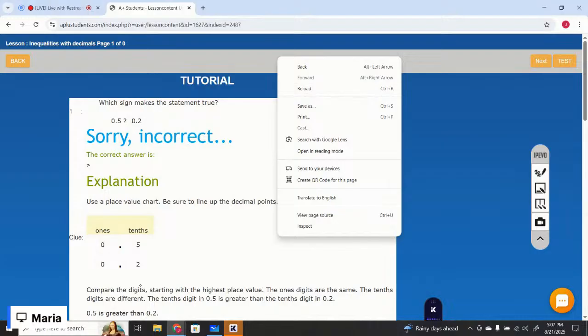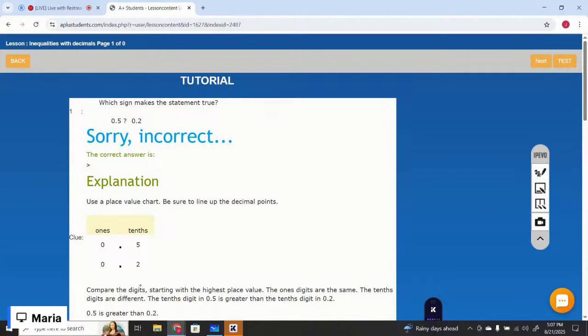We need to compare them, right? They both have 0 as a whole number, and after the decimal point we have 5 and 2, right? So 0.5 is greater than 0.2.